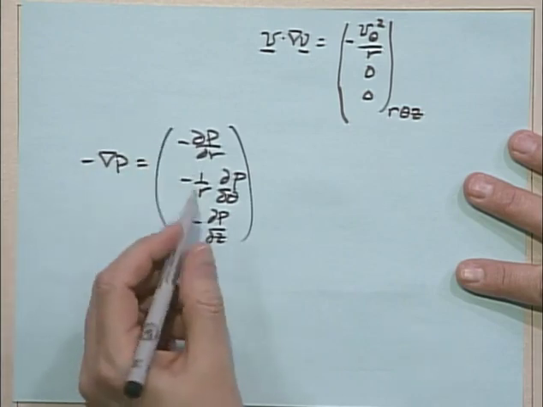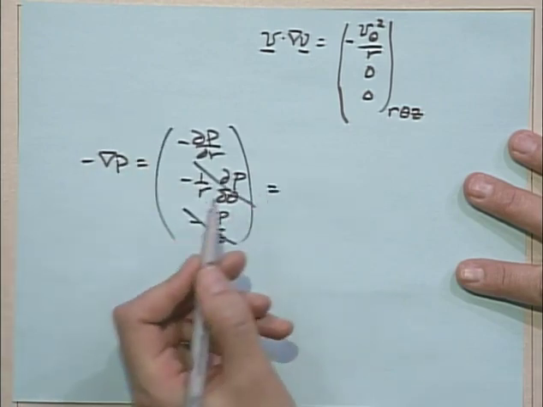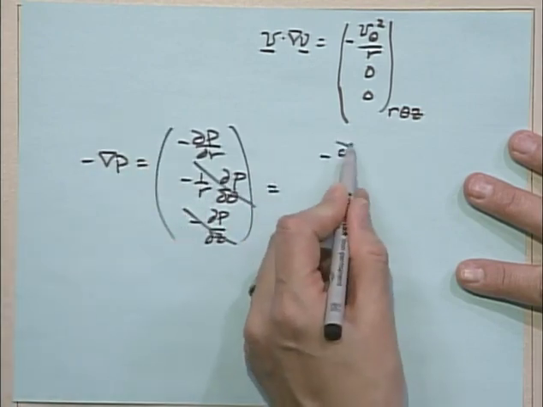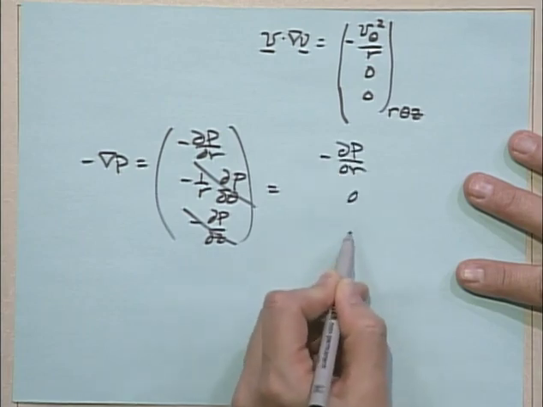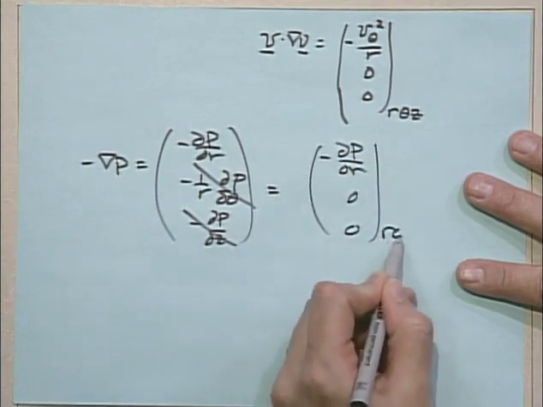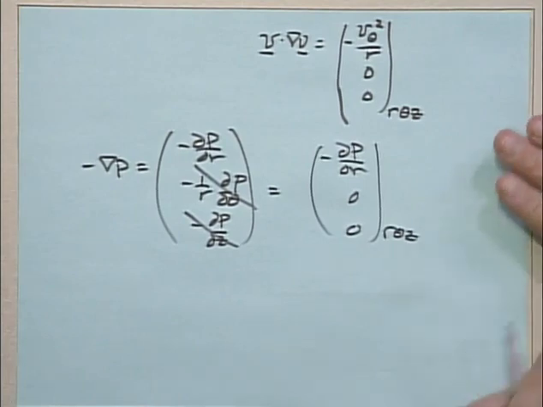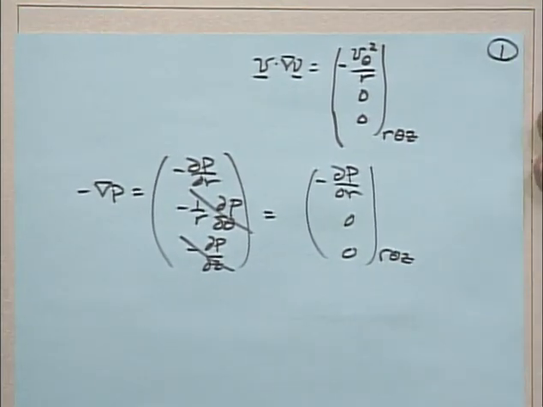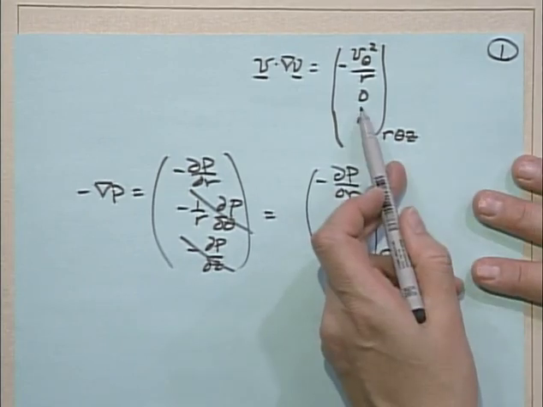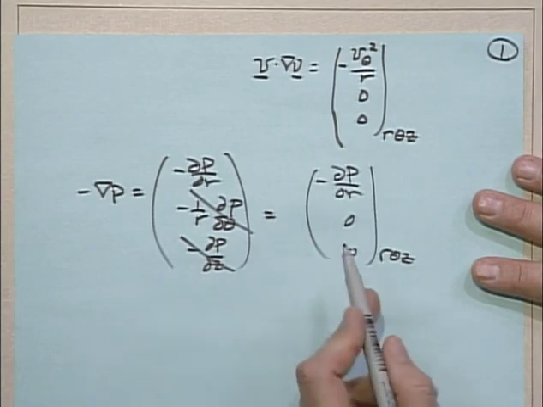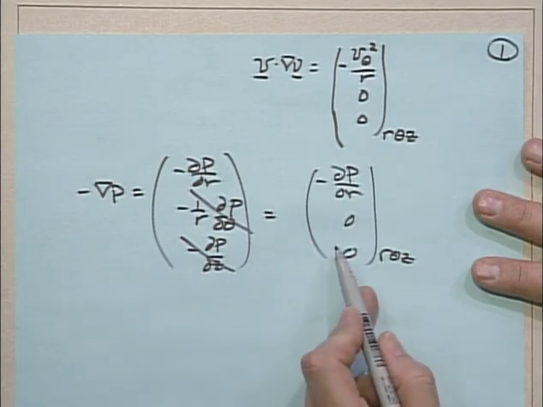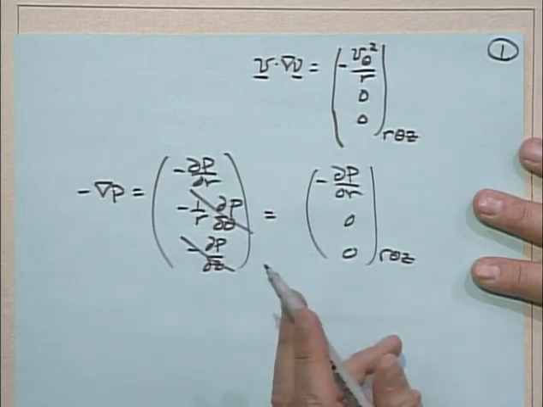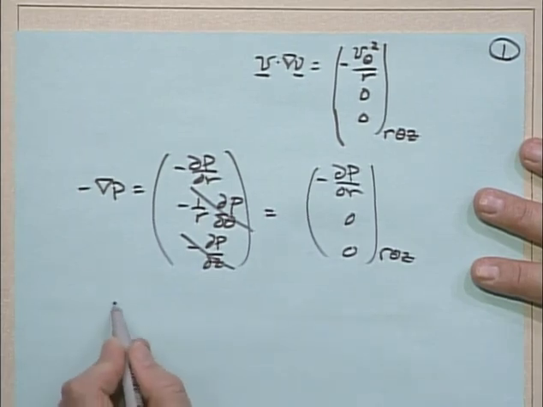And because we neglect theta and z variations, we only have r variations. So the left-hand side is this times rho, and then this is the first term on the right-hand side. Gravity is irrelevant, so we'll neglect gravity.